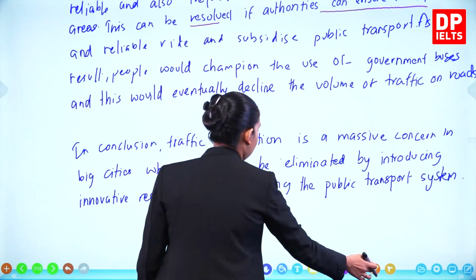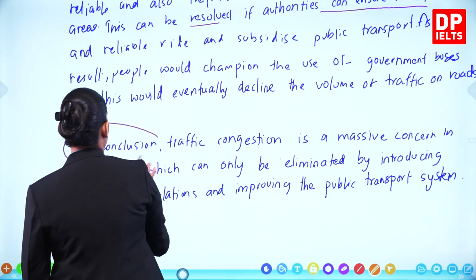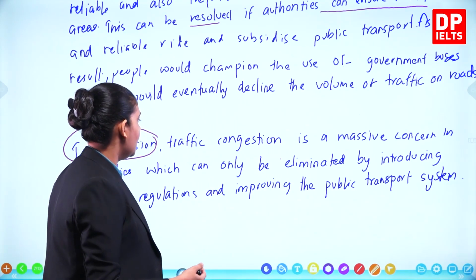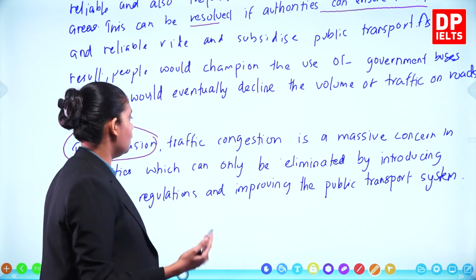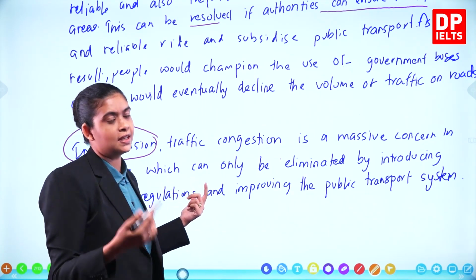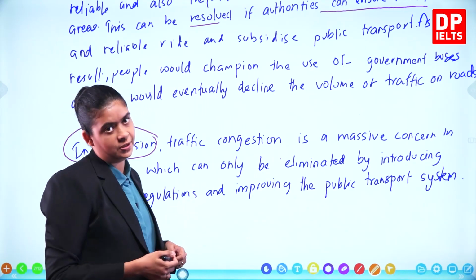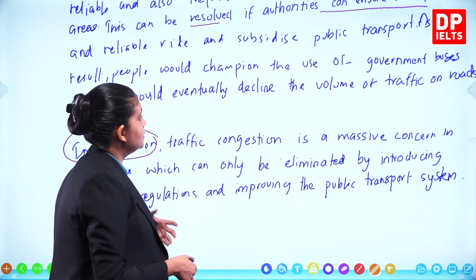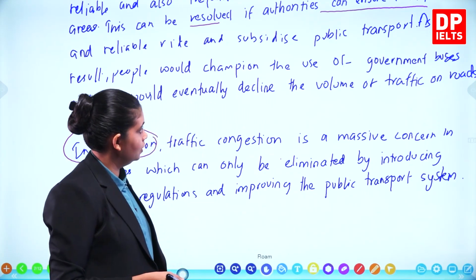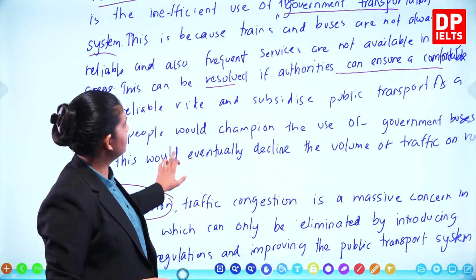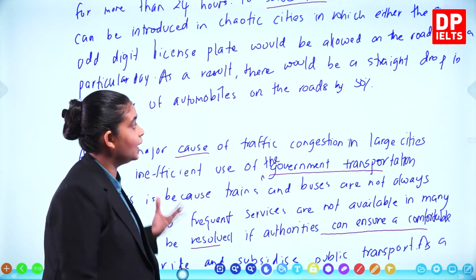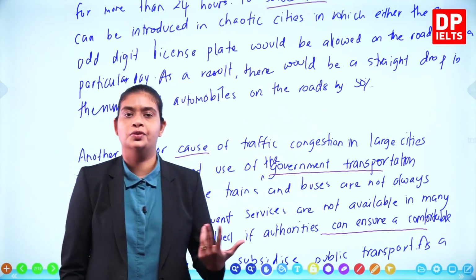Finally, I say in conclusion, the traffic congestion is a massive concern for everyone and it could be eliminated by coming up with innovative strategies and improving the public transportation, okay. So we've kind of given a summary of what we have written. So here I've got a complete answer for you again because it was practice question 1 and I'd like you to pause the video and go through the structure.